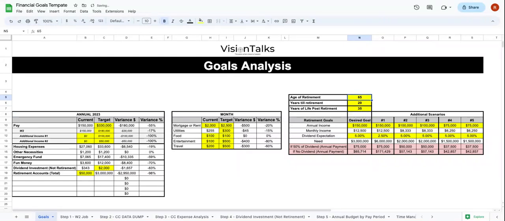I'm going to undo. And then here you got different scenarios. So this is just something to consider. So this is at 2.5%. And you can see that actually equates. No, it won't equate because this is based off of your need. So this 75 is coming off of this 2.5% divided by 2, so half of that.